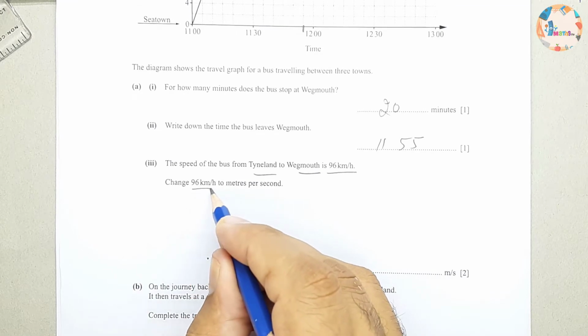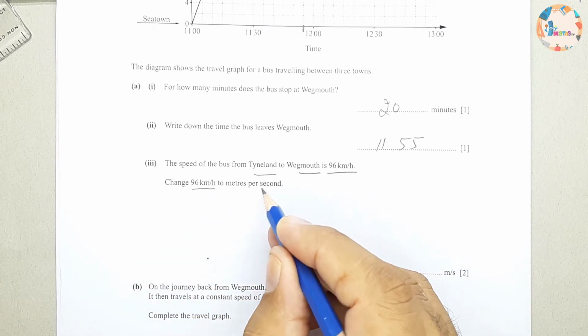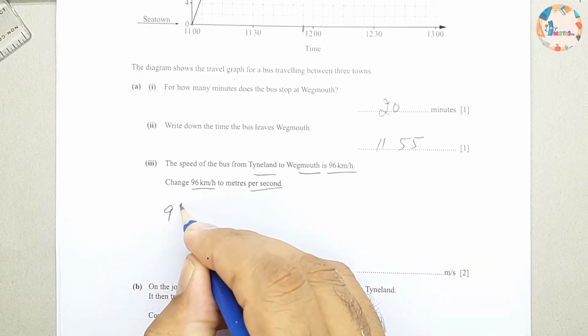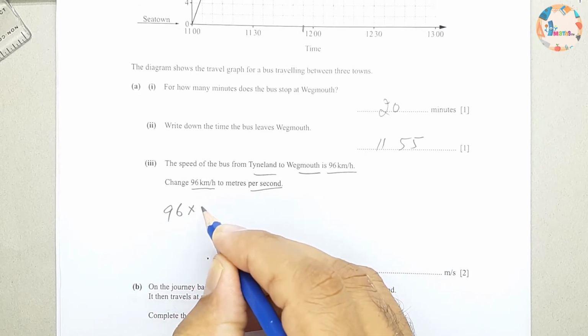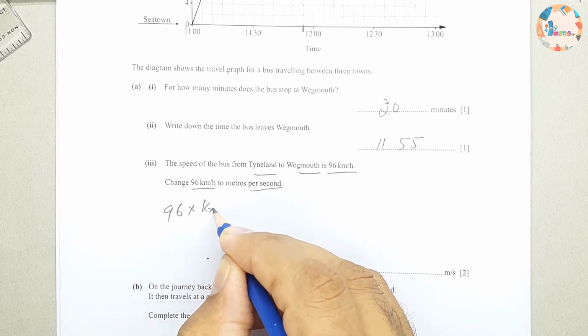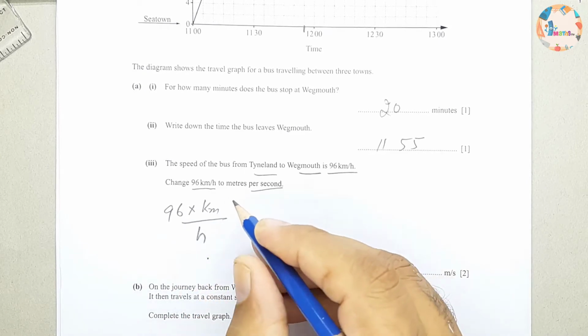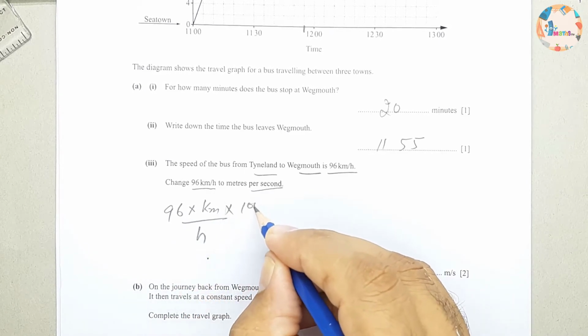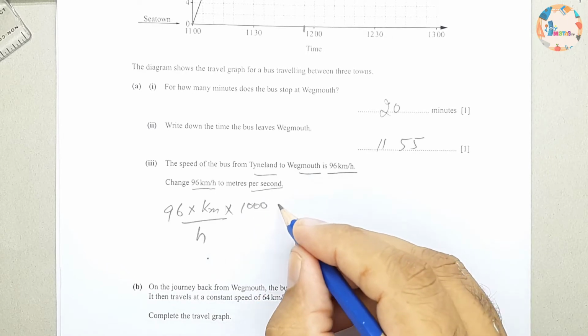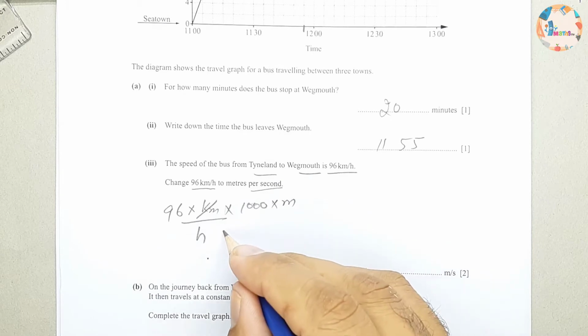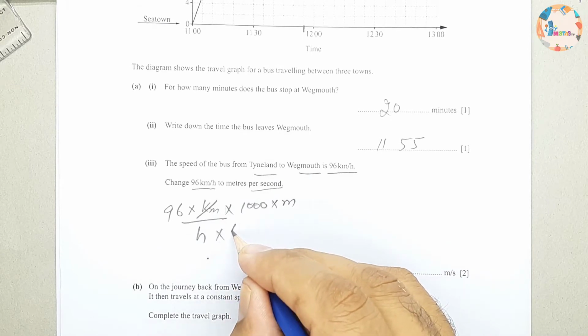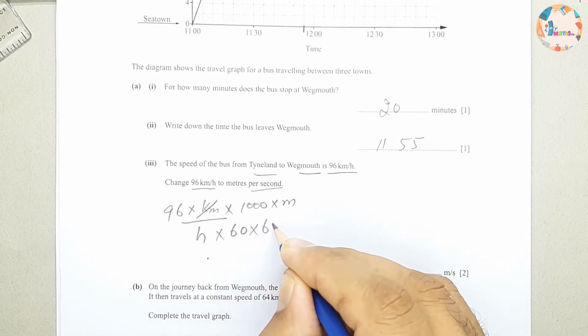The speed of the bus from this location to this one is this much. Then change this to meters per second. So 96 kilometers. Kilometers can be changed into, this is kilometers per hour. So kilometers will be changed by multiplying it with 1000. Now it will be meters. This is gone, and hours will be changed into minutes and then into seconds.